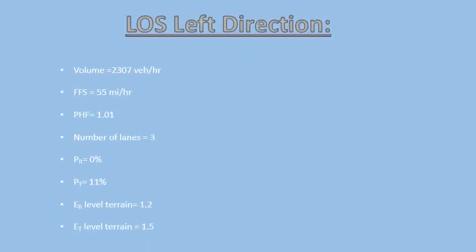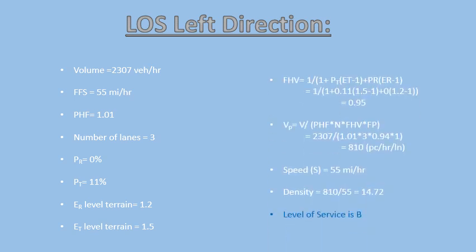Then, the level of service for the left direction. The volume as previously found was 2,307. The free flow speed is 55 miles per hour. The peak hour factor is 1.01. The number of lanes for the left direction is 3. We found the percentage of trucks to be 11, and as previously said, ER and ET for level terrain are from the table, which are 1.2 and 1.5.